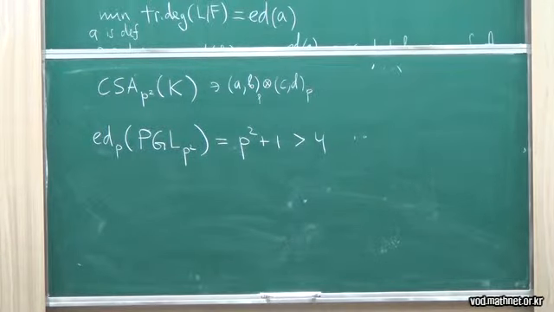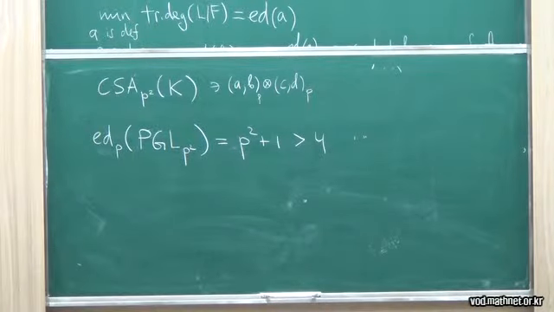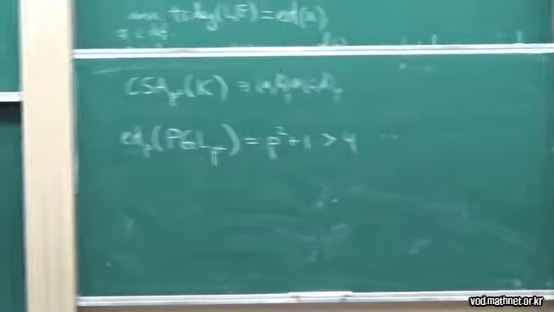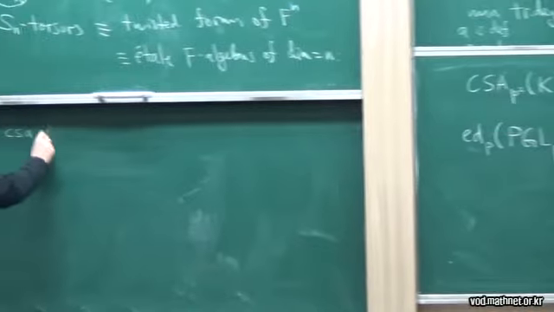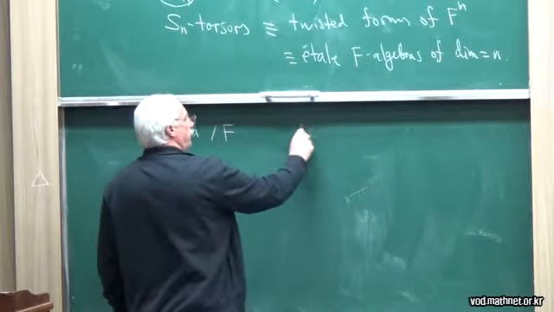Okay, we can modify the problem by also introducing some restrictions not only on the degree of the algebra, but on the exponent of the algebra. So let me define the exponent. If A is a central simple algebra over field F, then you can take the tensor product of A with itself.